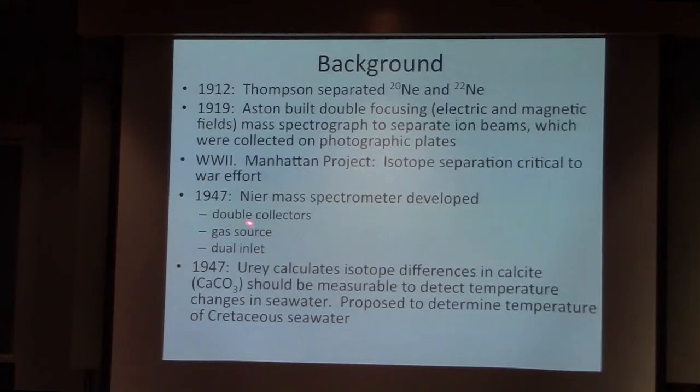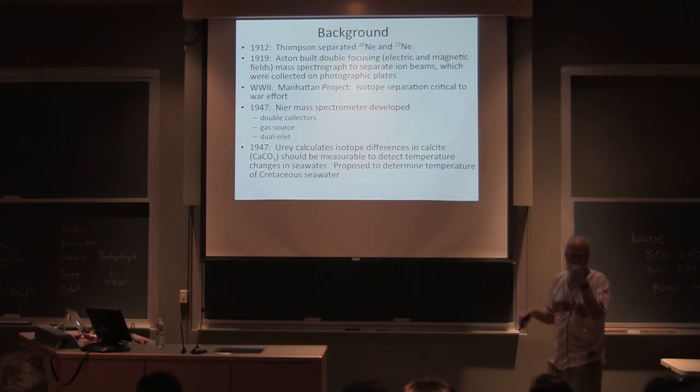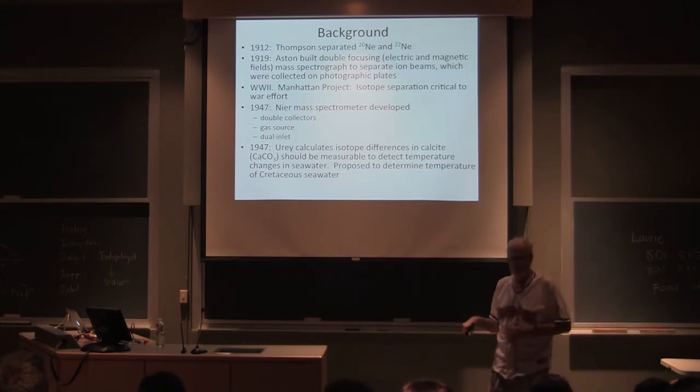In 1947, 2 really important things happened. Both these people had been involved in the World War II effort, and both of them were kind of tired of defense and war-related stuff. A guy named Alfred Nier developed a mass spectrometer that is basically the one that we're using today. Okay?